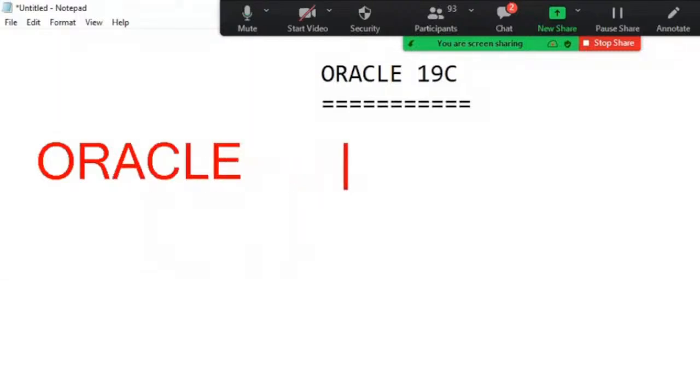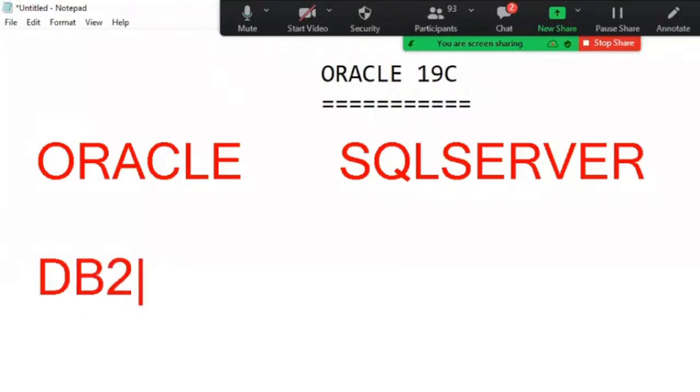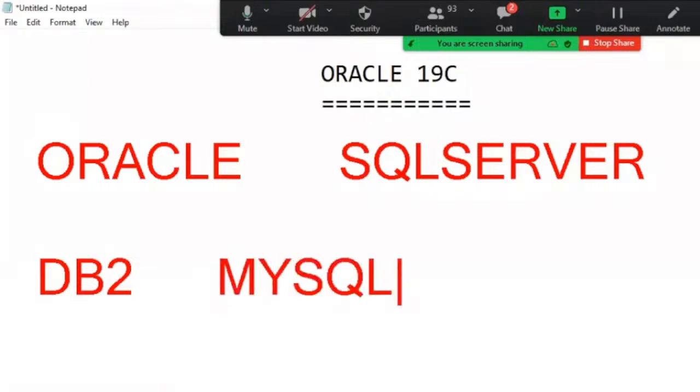Observe here, different companies. SQL Server is a database product from Microsoft. DB2 is a database product from IBM. MySQL is an open source database product, but nowadays Oracle Corporation has purchased it.